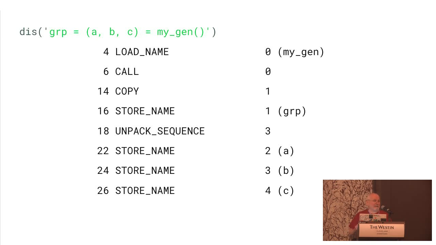Then I unpack sequence, which is what you see in dis when you do the kind of sequence unpacking that we've been doing here for the last half hour, which runs the generator and stores its values into my ABC variables. And now group is also pointed at the generator, which is exhausted, which is why way back I expected some code to do something, and it was just an empty loop doing nothing until I figured this out.